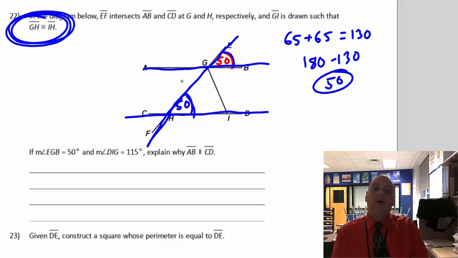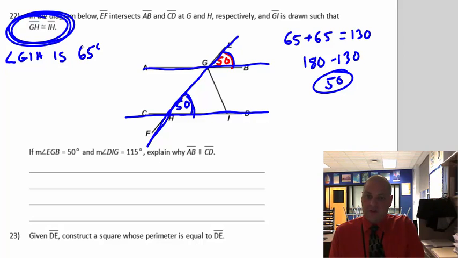Okay, so how am I going to explain that? I'm going to talk about angle GIH is 65 degrees because it's a linear pair.